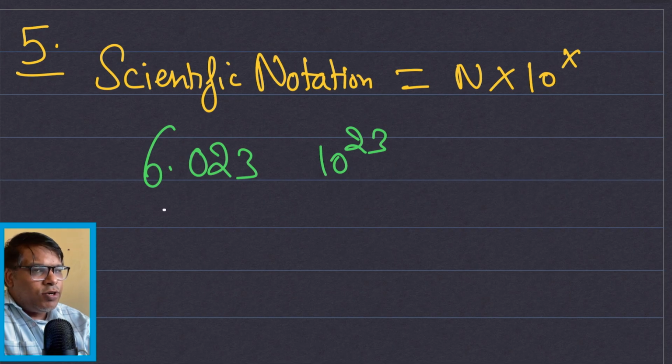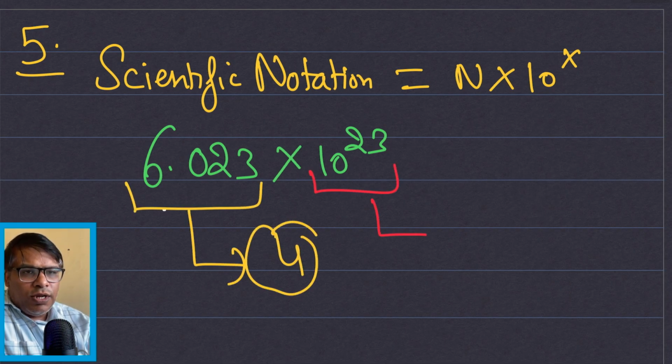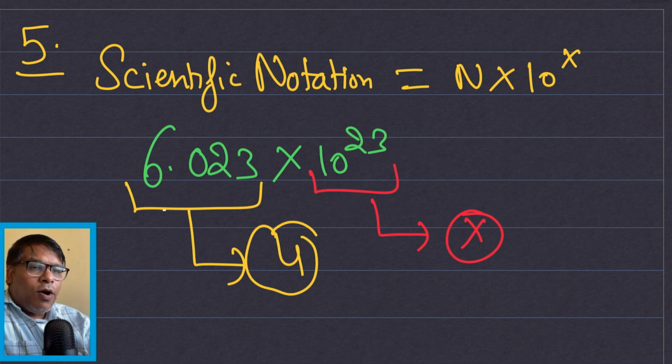How many significant digits do you see here? 6.023 has 4 significant digits. 10 to the power x does not have any significant digits. So here you have to mention there are 4 significant digits.